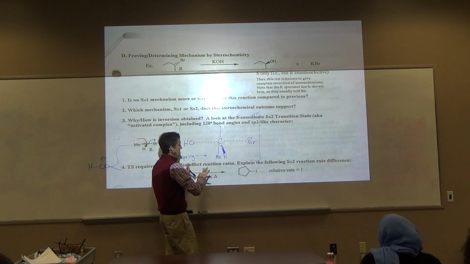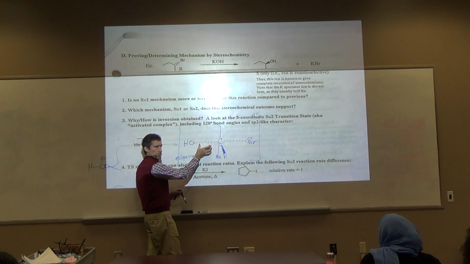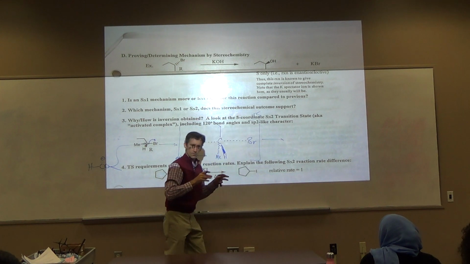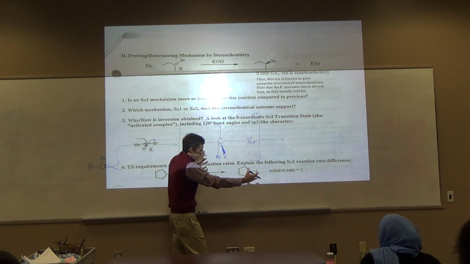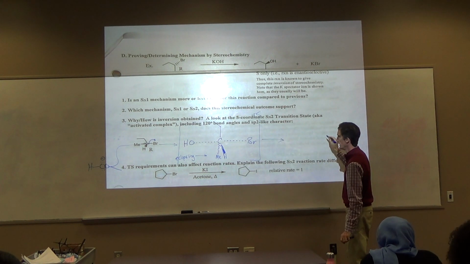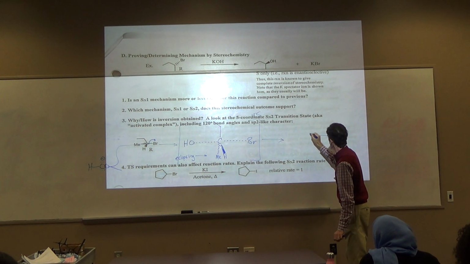Then what happens? Well, the bond fully breaks, and this fully forms. All that's going on. It fully forms, and what's it going to look like? Well, the hydroxide is here.